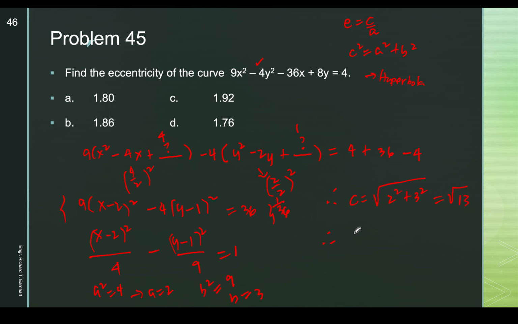And therefore the eccentricity is equal to square root of 13 over a, which is 2. And square root of 13 divided by 2 is 1.8. So we choose letter A here.